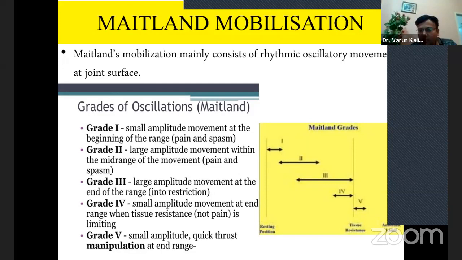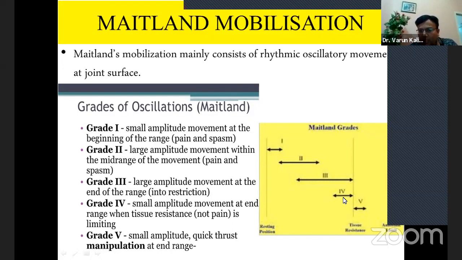So grade 1, this one. Here is the small amplitude movement at the beginning of the range. In grade 2, we have large amplitude movement within the mid-range of the movement. In grade 3, large amplitude movement at the end of the range.